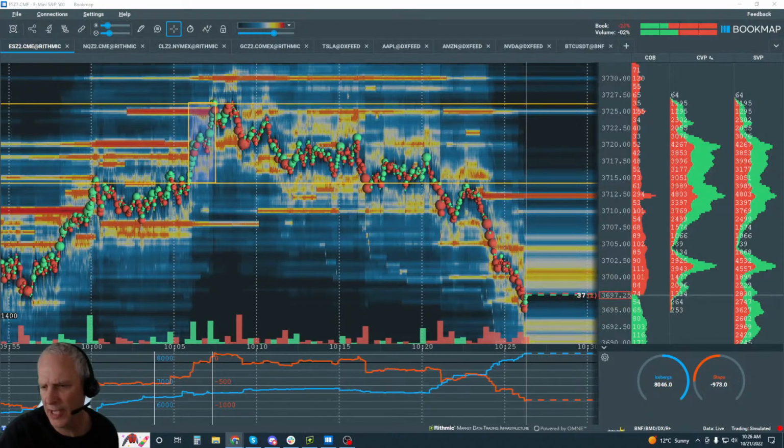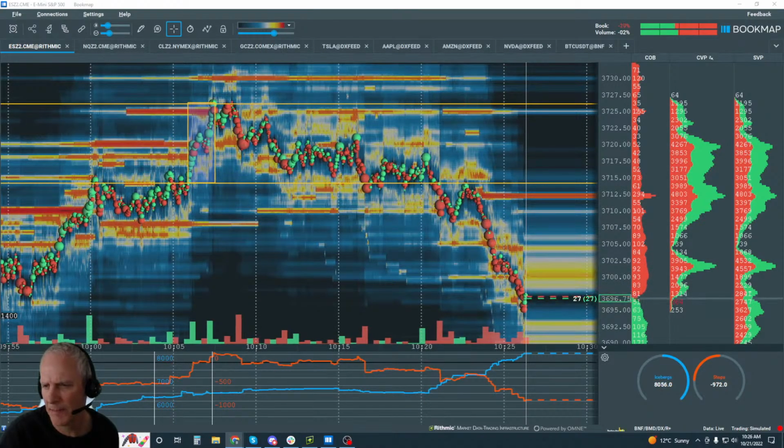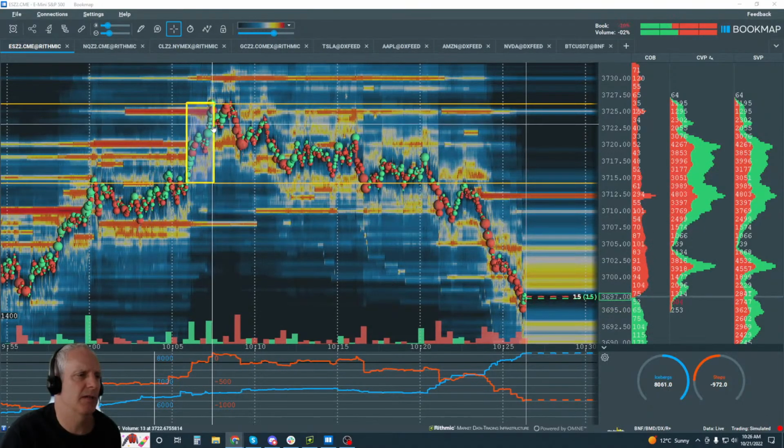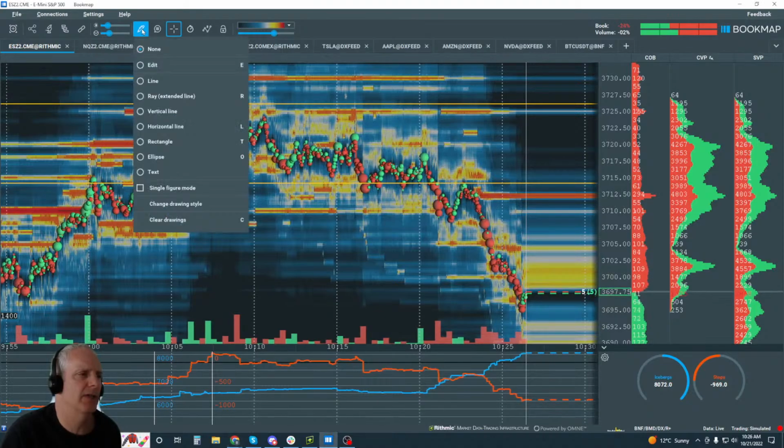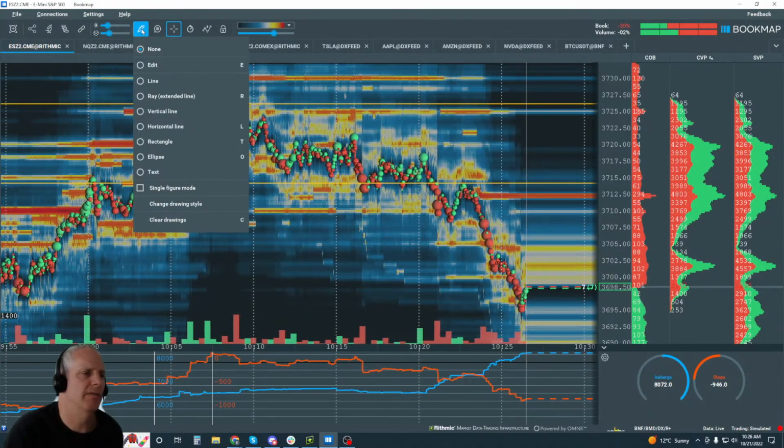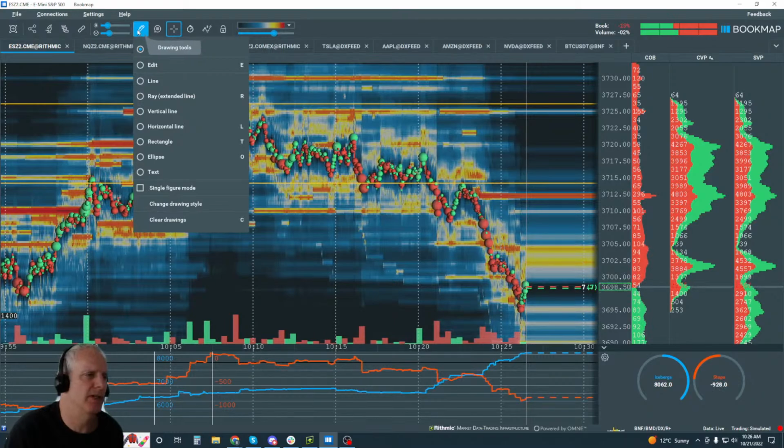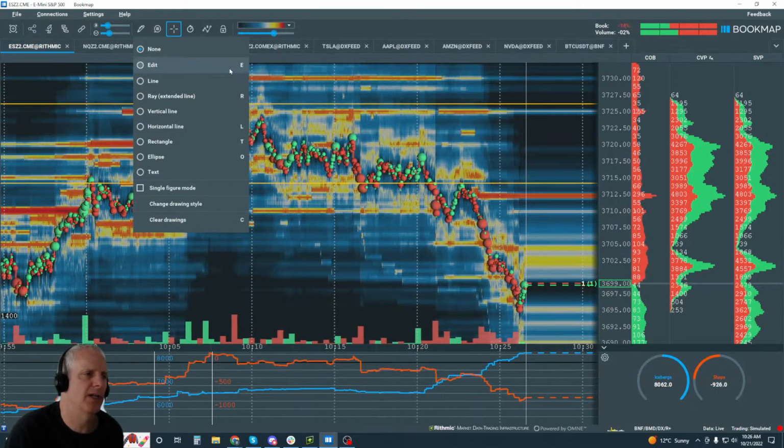Can you edit and place? Yeah, you can edit the rectangles, no problem. Basically, there's a few different ways to do this and get kind of accustomed to the drawing tools, but you click here and you'd have to go to edit mode here. Okay, you can put in shortcuts as well.